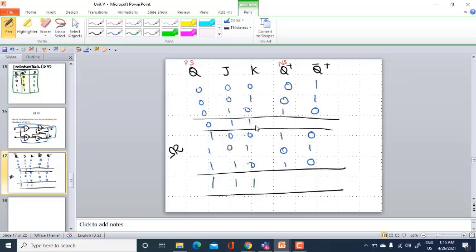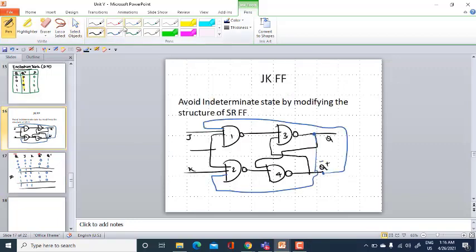So J is 0, K is 0, the clock is always 1, and the present state Q is 0. When these two inputs are 0, 0, the outputs of the first two gates are definitely going to be 1. And when the inputs are 1 and 1, the output will depend on the previous state.